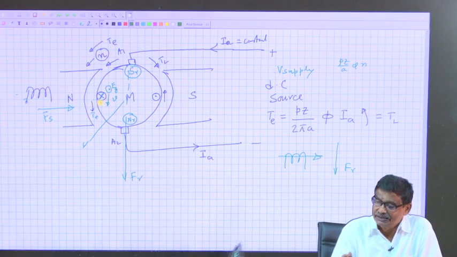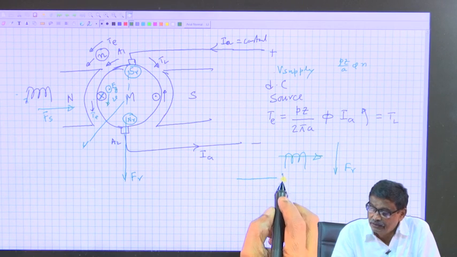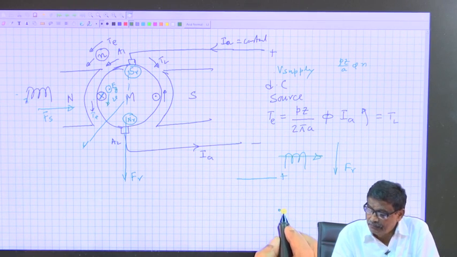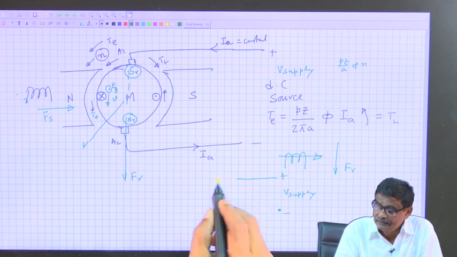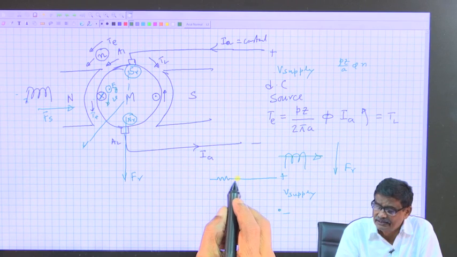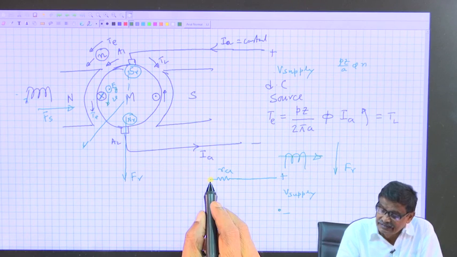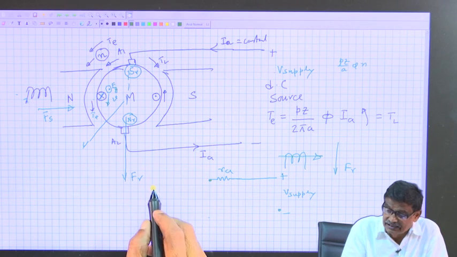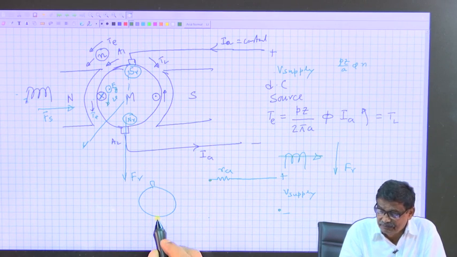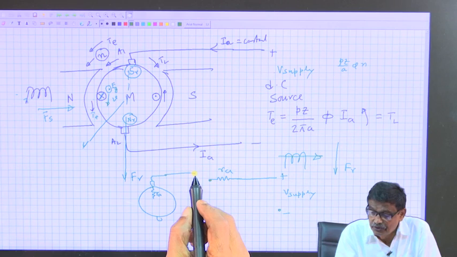That is the armature circuit equivalent circuit. If I draw, for motor mode, it will be like this, plus minus V supply. There may be some armature resistance, RA, armature coil resistance. This is your armature. Conductors have resistance, here is your V supply.